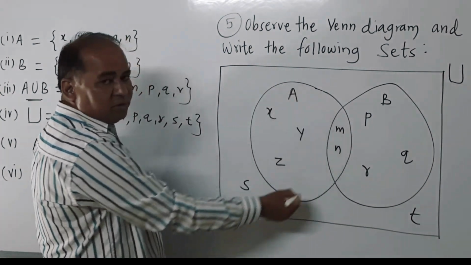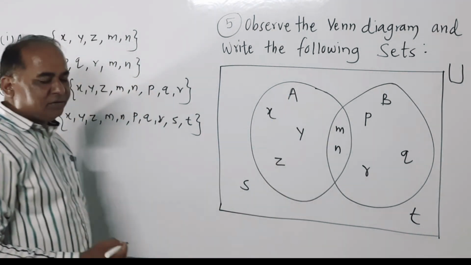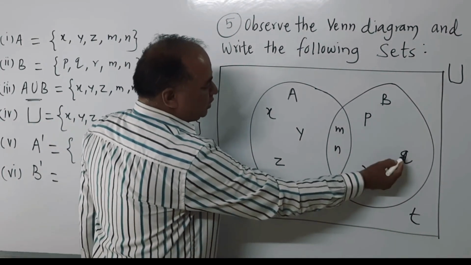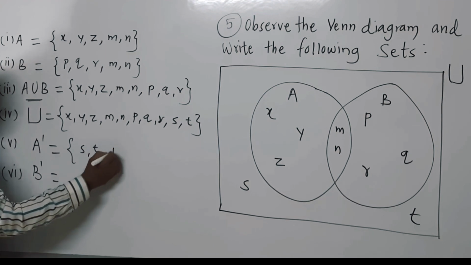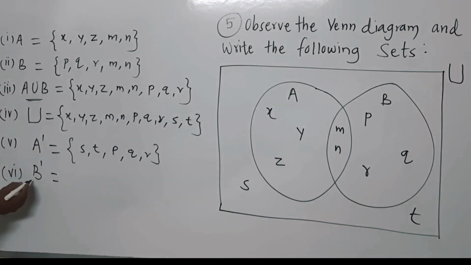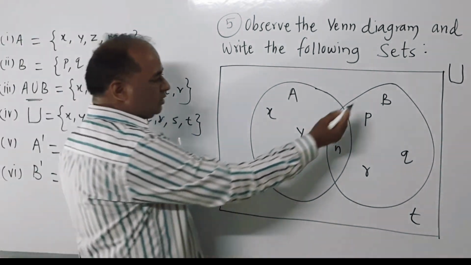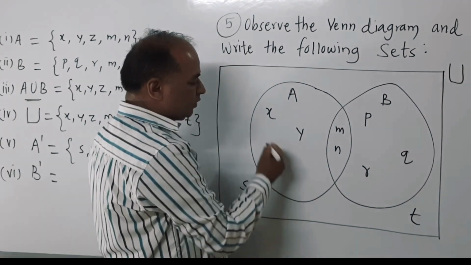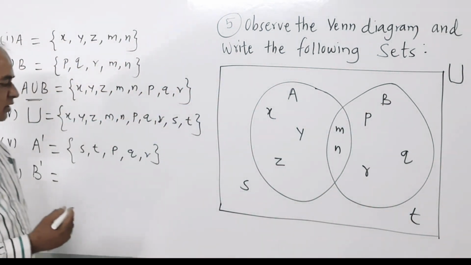So whatever elements are outside this circle A are the elements of set A complement, which are S, T, P, Q and R. Now B complement: the elements which are not in B but which are in U. Whatever elements are outside this circle, set B, are elements of set B complement.